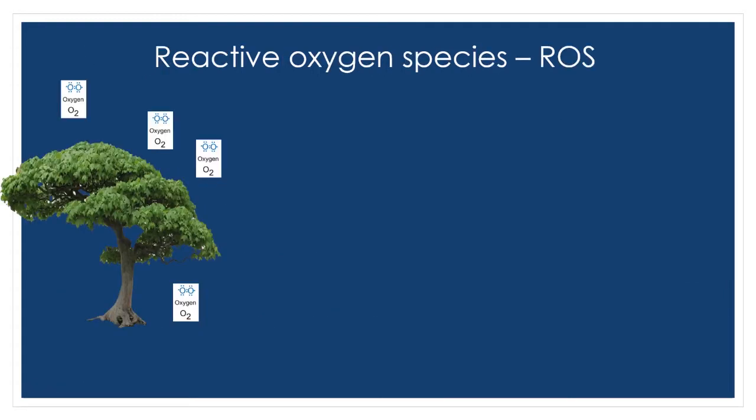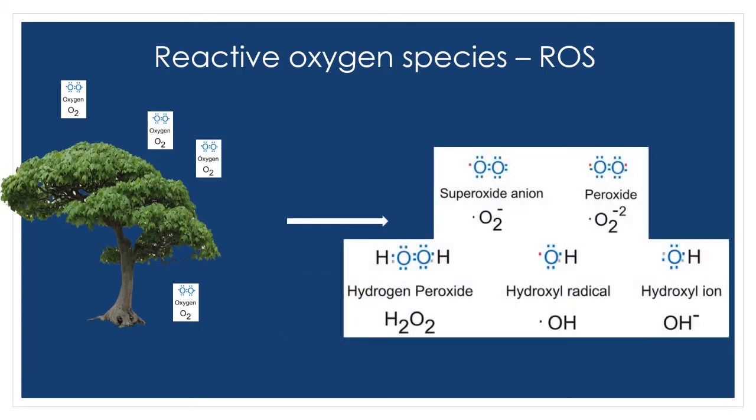So we know that plants are aerobic organisms which need oxygen in order to live, and plants are organisms which also produce oxygen. But with metabolic activity that is happening within cells, with oxygen there are also produced reactive oxygen species such as hydrogen peroxide, and others, which can be seen in the picture.